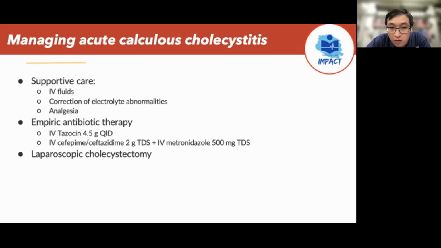This patient also has concurrent choledocholithiasis in addition to acute calculous cholecystitis. Usually in these patients, we transfer them to a unit that can do ERCP. So usually we do a pre-operative ERCP, remove the stone in the common bile duct, and then follow that up with a laparoscopic cholecystectomy in a couple of days' time.